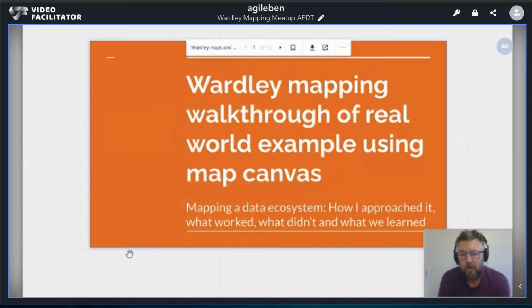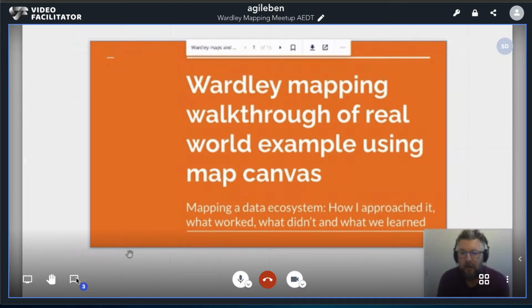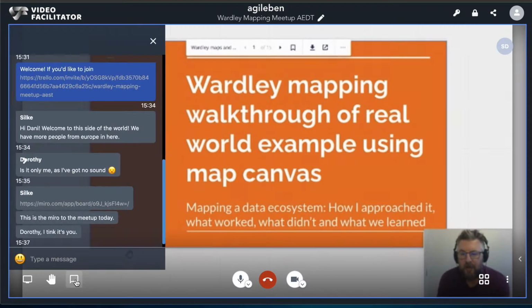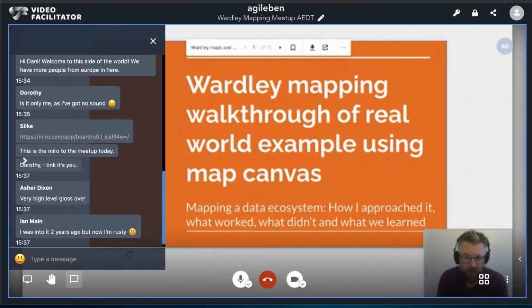So before we get started, I'm interested for everyone who's joined, what's your level of exposure with Wardley mapping? You can either share in the comments or shout out. For some of you, this might be completely new. Some of you may be using it, but I just want to get a sense from each of you. Feel free to just put a message in the chat to indicate, or yell out.